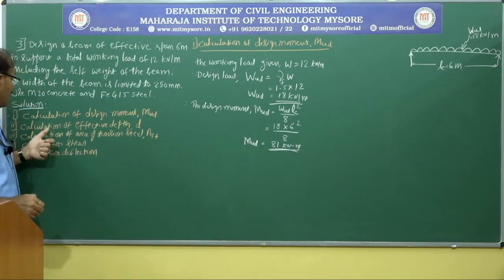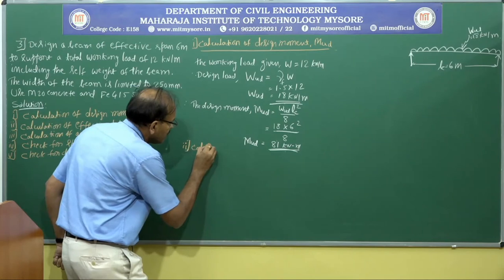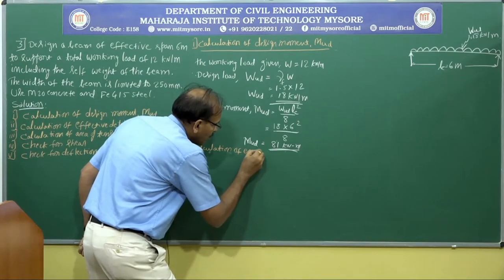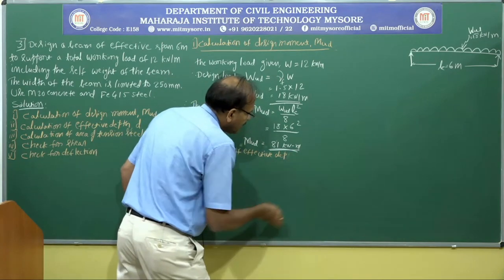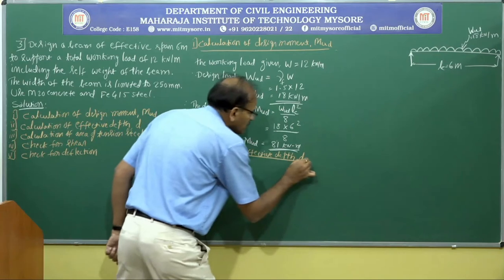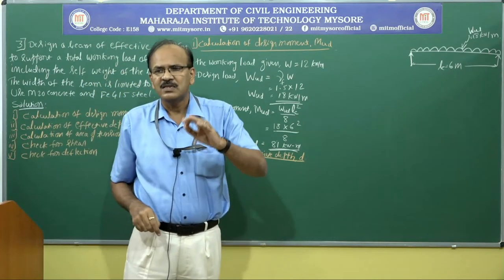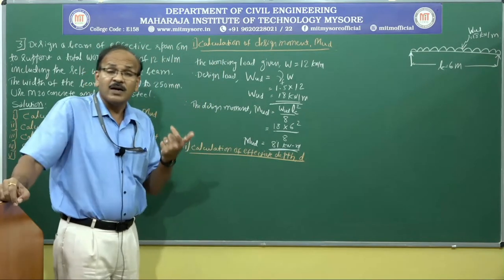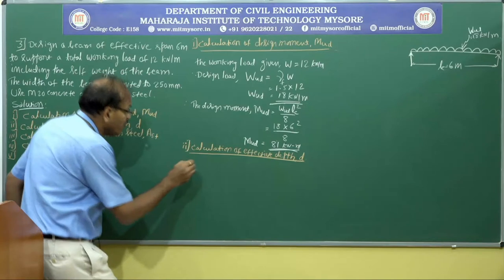The next step is calculation of effective depth, D. See, whenever we design a section, normally we start with the section as a balanced section, and we are going to make use of the formula given on page number 96 under 1.1c, that is MU limit.